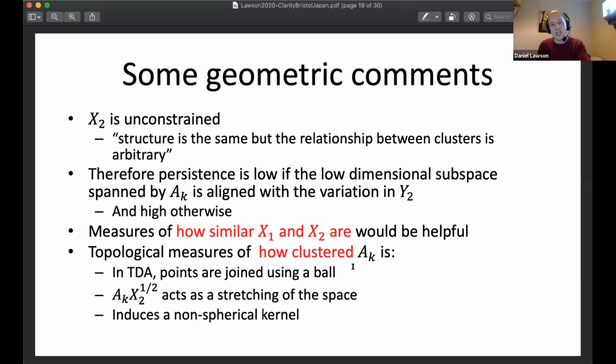So if you're instead looking at the version of this that's been rescaled, where all the directions have been rescaled by this X2, then you can think of that as either moving the points about, stretching all of the directions, or as using a non-spherical kernel around each of these points. And that could induce a different topological structure. So I haven't looked into that, but I think it's interesting.